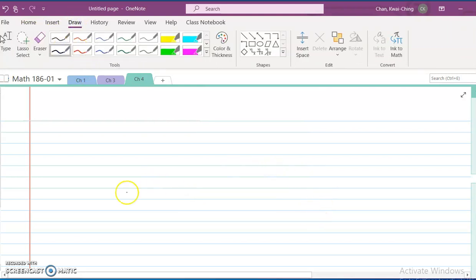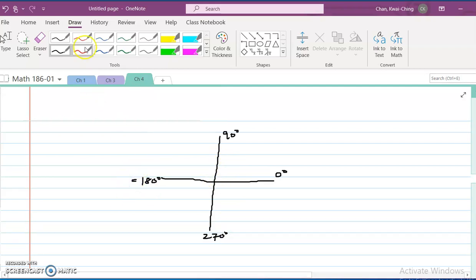If I draw a circle, in the old days we have 0 degrees, 90 degrees, 180 degrees, and 270 degrees. But now, if you use radians to describe it, we know 180 is equal to pi. I'm going to use another color.